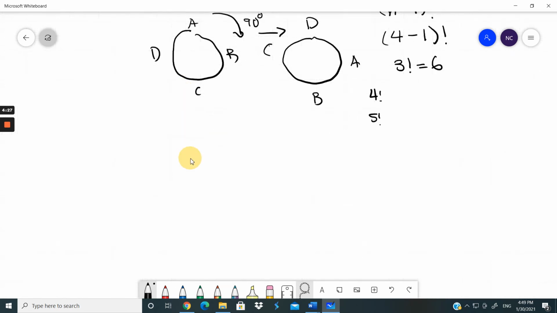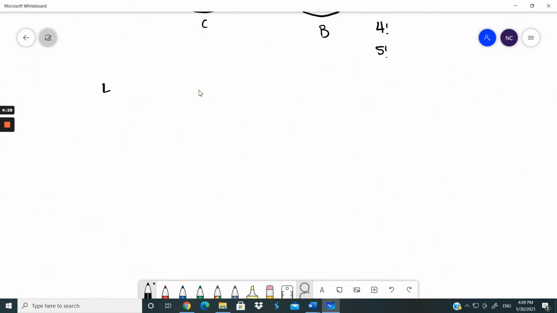So, just to recap, for linear arrangements, you take the number of elements in the set and you factorial it. If there are any repeats, let's say you have 2 repeats of A, then you would put 2 factorial. If there's another 3 repeats of C, that would be 3 factorial.